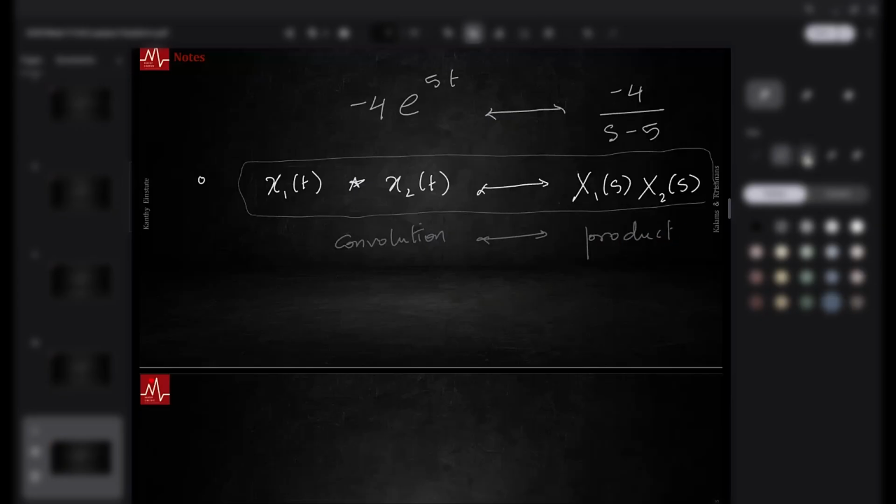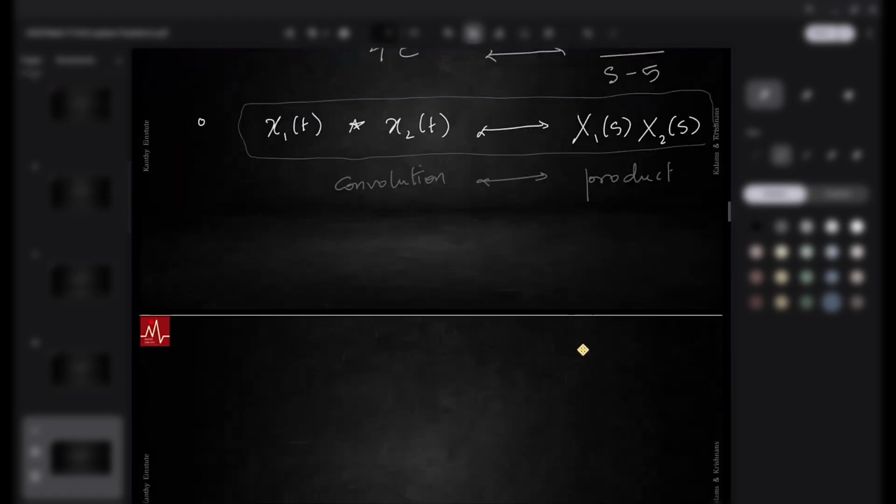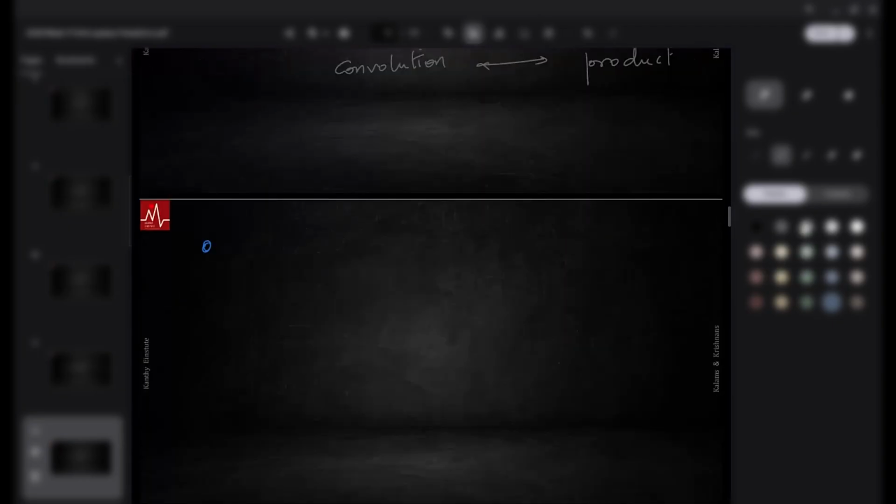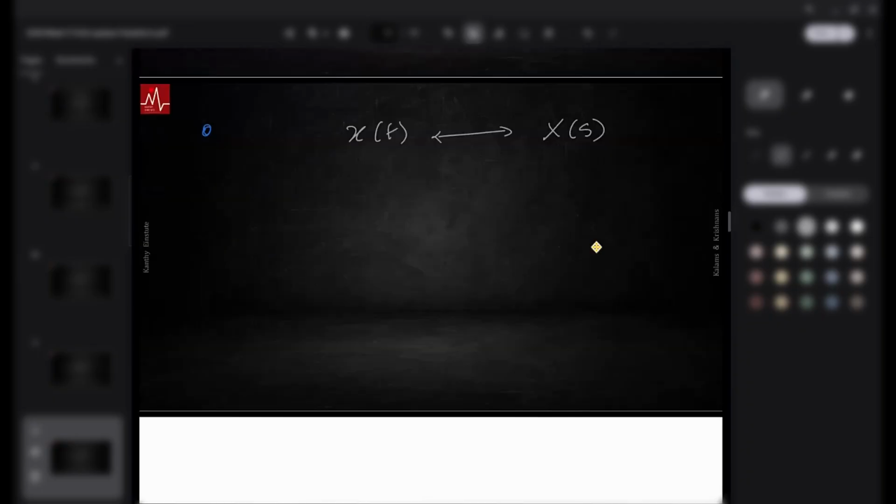Then comes the property that a differential equation becomes an algebraic equation. Again, your x of t transforms to x of s.